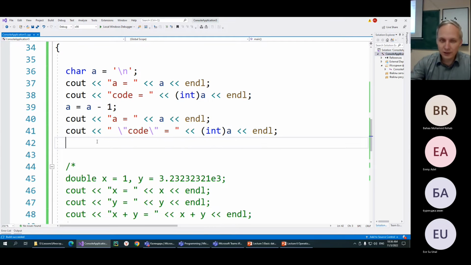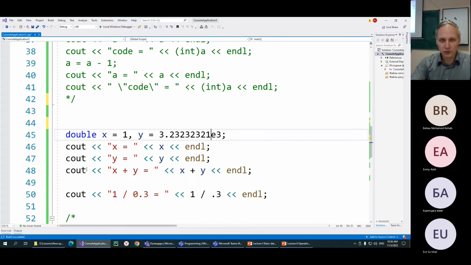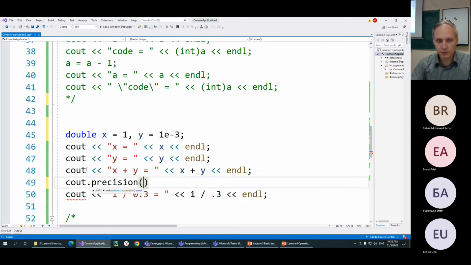Well, the result will be 1 if the number of digits after the decimal point is larger than the number of digits that can be represented in this data type. Again, if you write here, for example, 1e minus 3, let's output here with the precision 15.